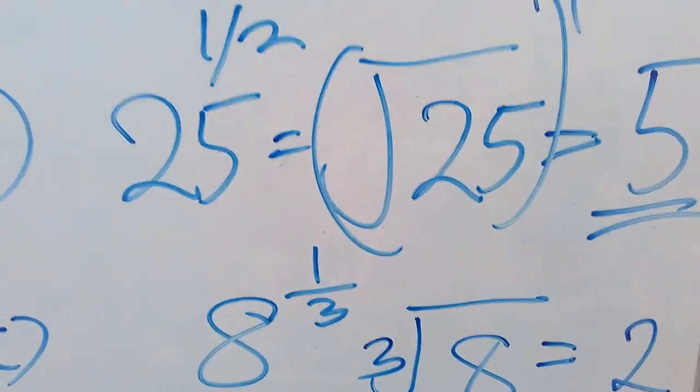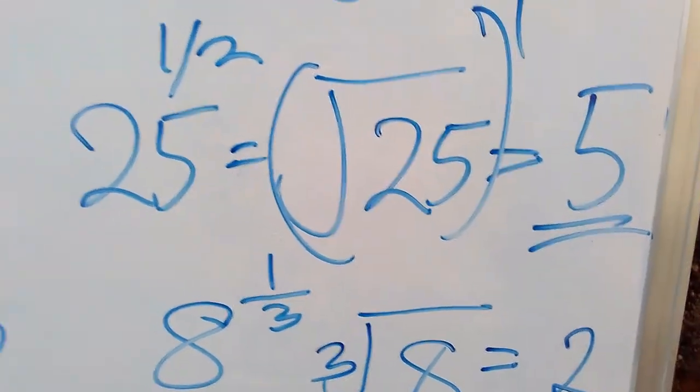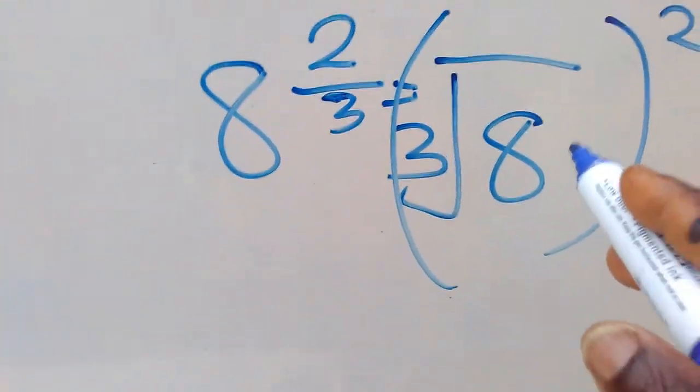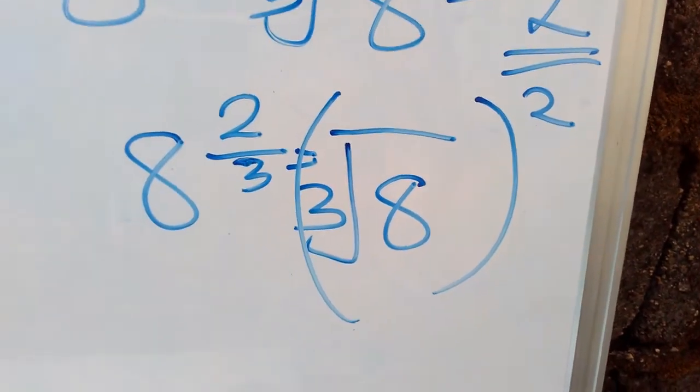But mathematically, this is how it's supposed to be, because 1 is the power when it is the numerator. So 2 now becomes the power because 2 is the numerator.